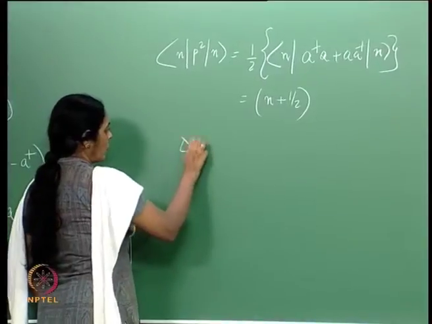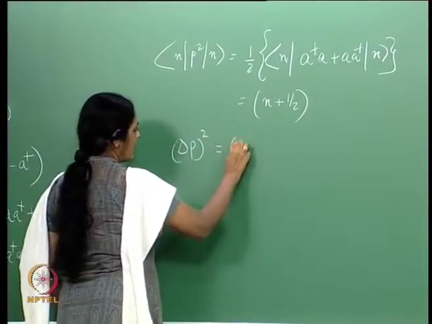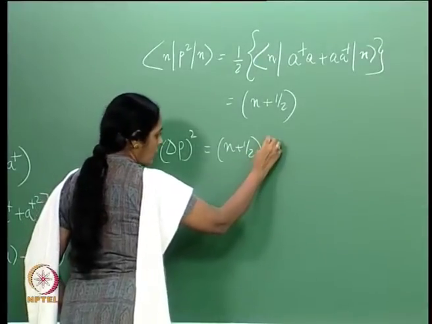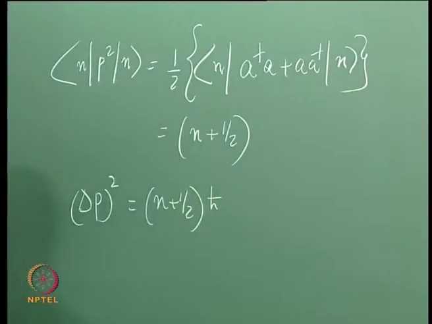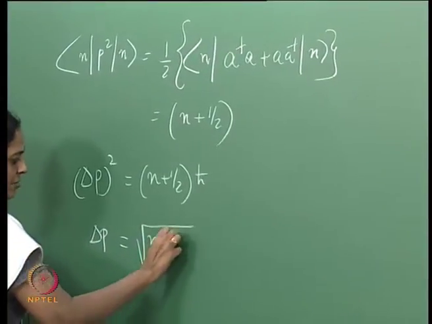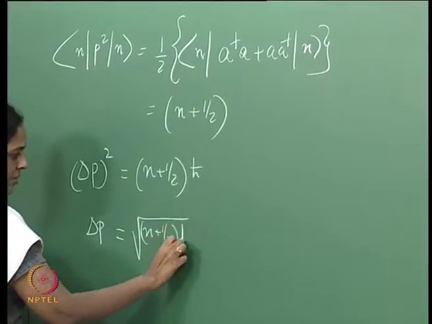Therefore, delta p the whole squared is n plus half. Of course, if I put in the h cross, I get this, and therefore, delta p is the square root of n plus half, the positive square root.